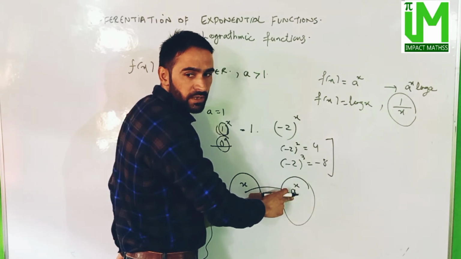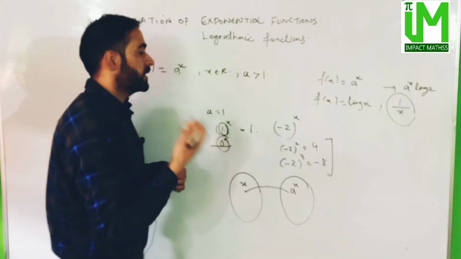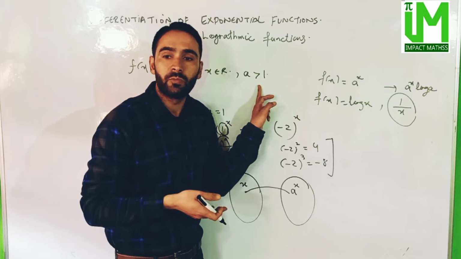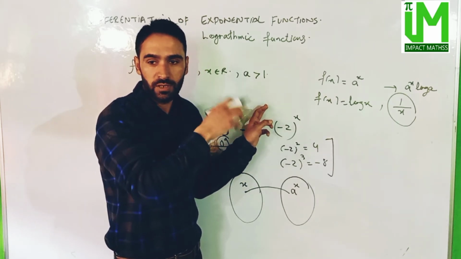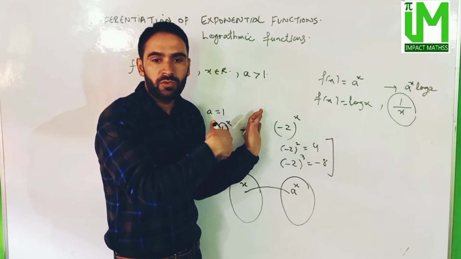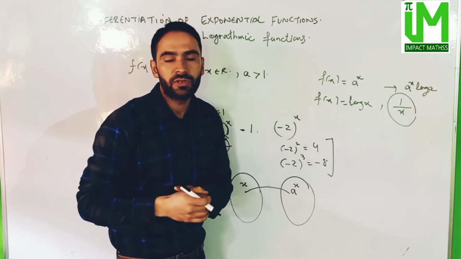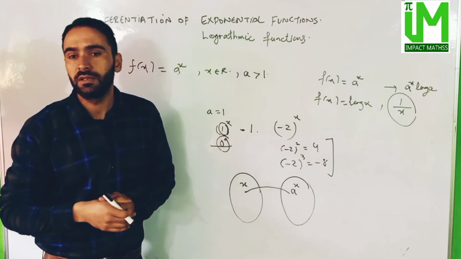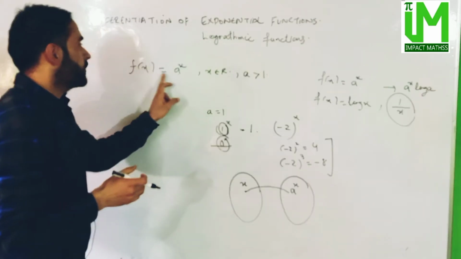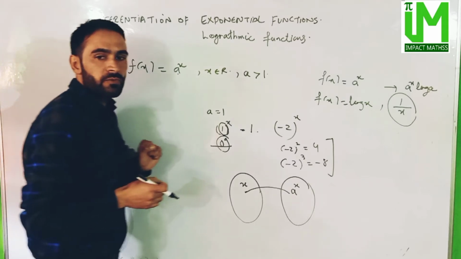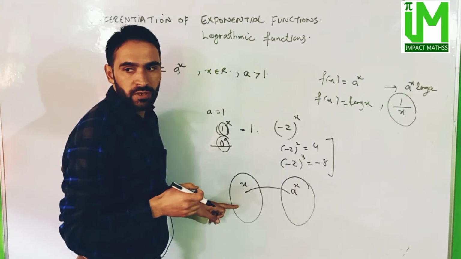But the base has to be greater than 1, because for 1 and 0 we only get 1 and 0, and for negative numbers we get positive as well as negative terms. So the base a has to be greater than 1. So when we say f of x is equal to a raised to power x, this is the exponential function.